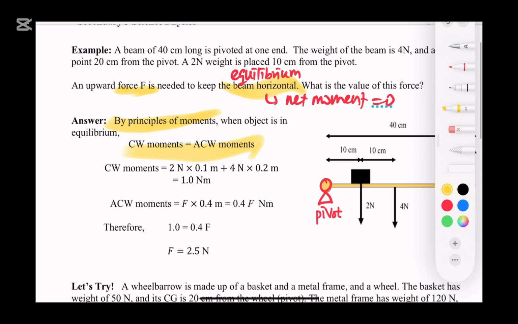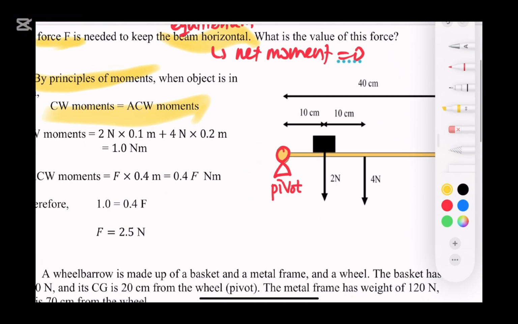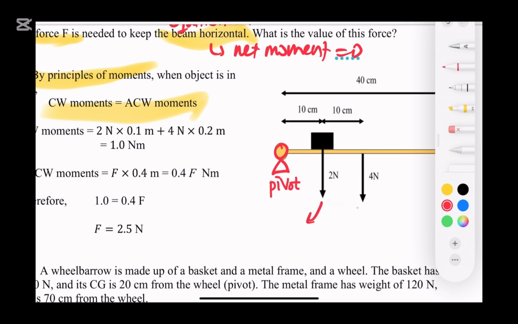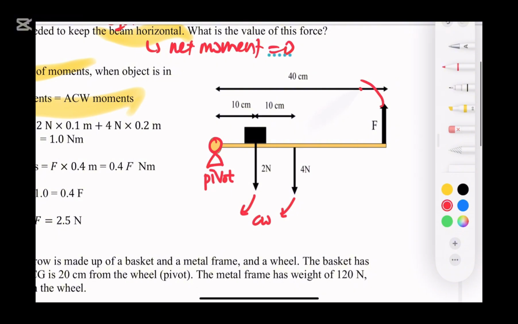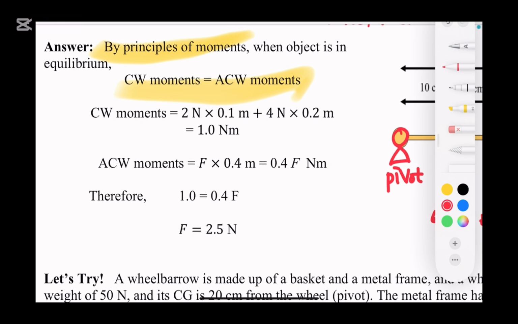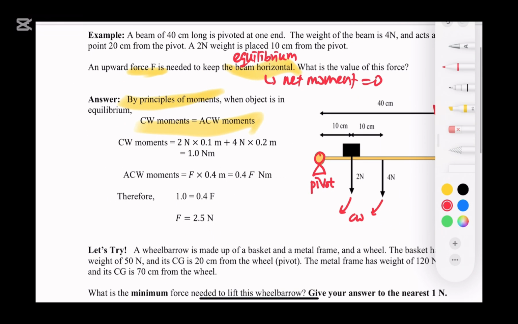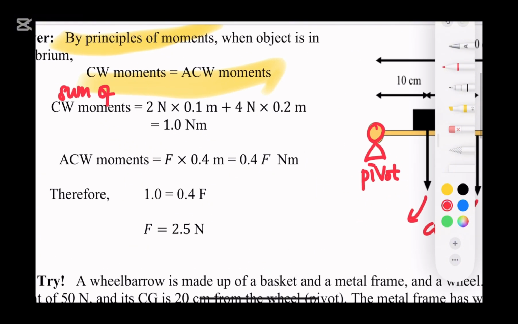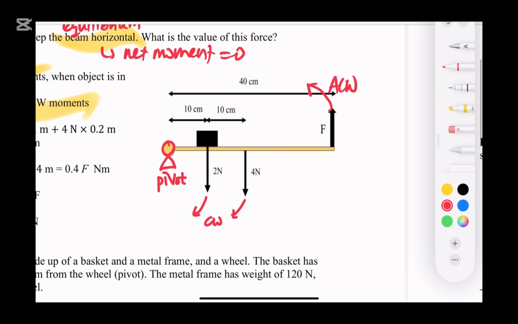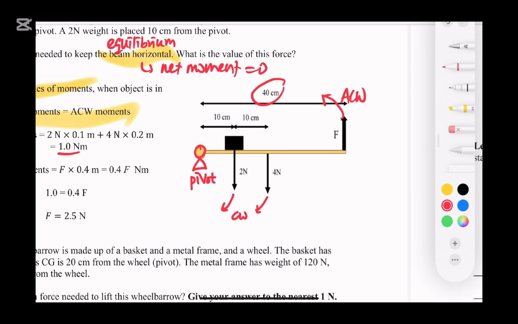We look at the clockwise moments first, which is due to these two fellas. Clockwise moment, and the unknown force F generates an ACW moment. So we sum the CW moments and we get 1.0, and then for the ACW moment, it is force multiplied by the perpendicular distance of 0.4 meters.